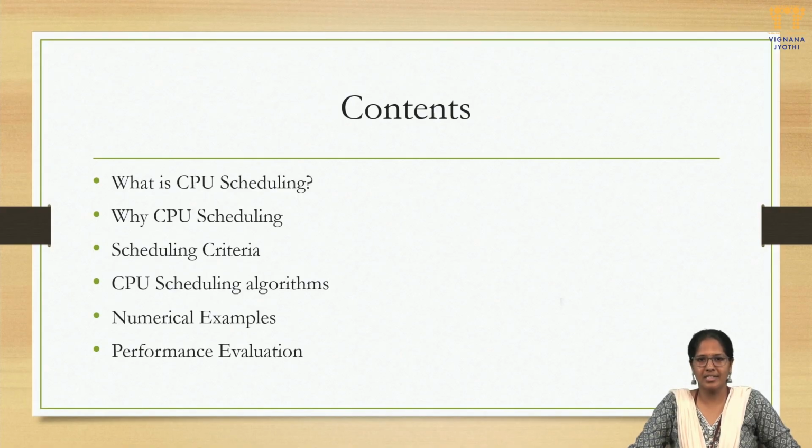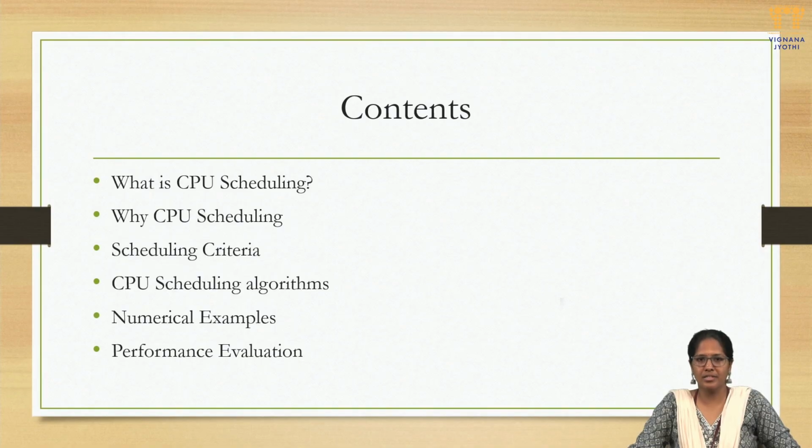To strengthen our understanding, we will also solve numerical examples using Gantt charts and calculate important performance metrics such as waiting time, turnaround time, and response time. Finally, we will evaluate the performance of different scheduling algorithms and identify the scenarios in which each algorithm is most suitable.